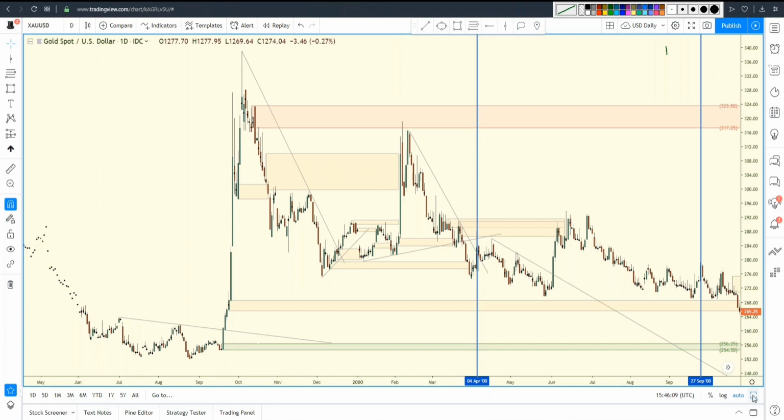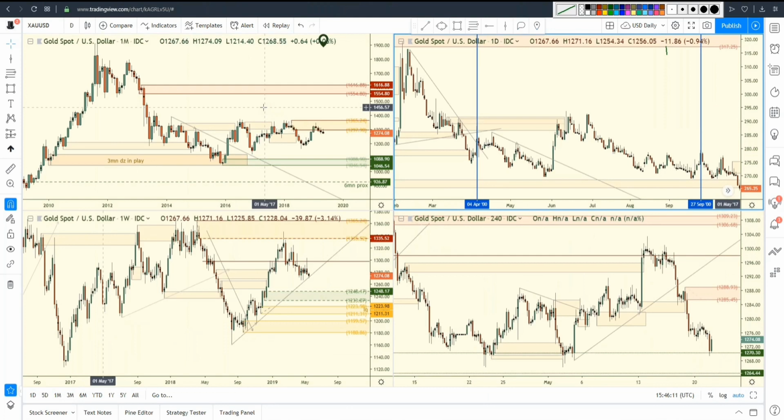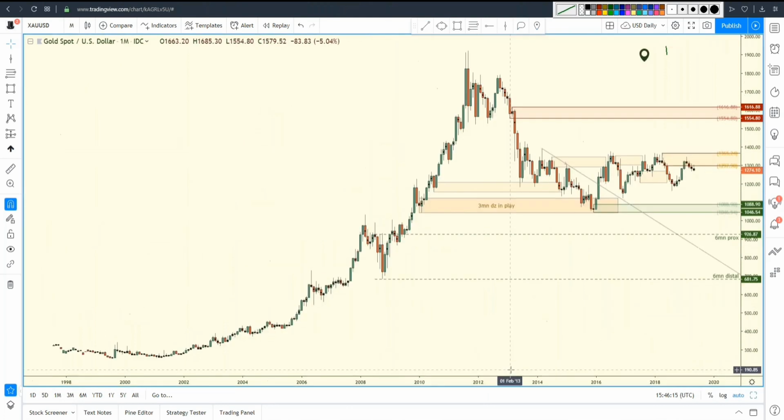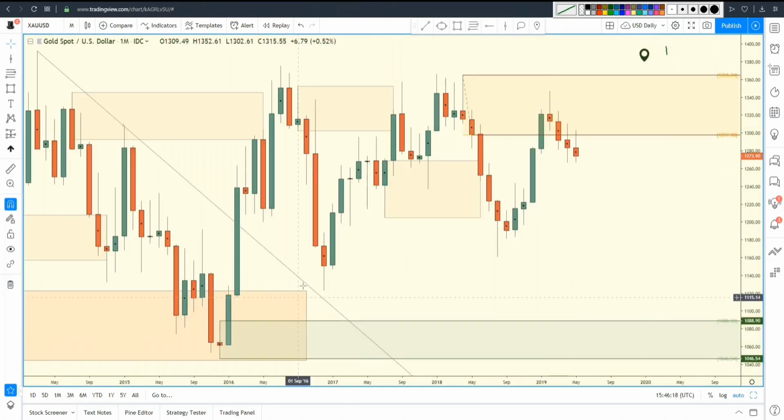Monthly chart. 2017, right here. Okay, price is here. And in 2017, their goal is to take price from down here, 1120, to up here, the 1350s, okay?